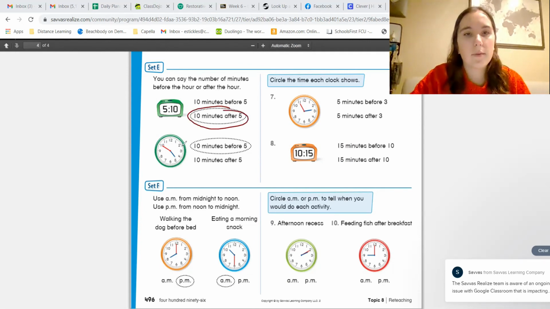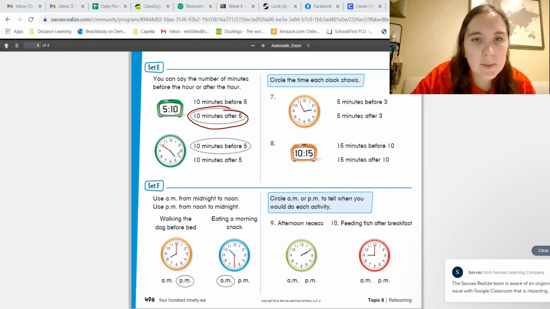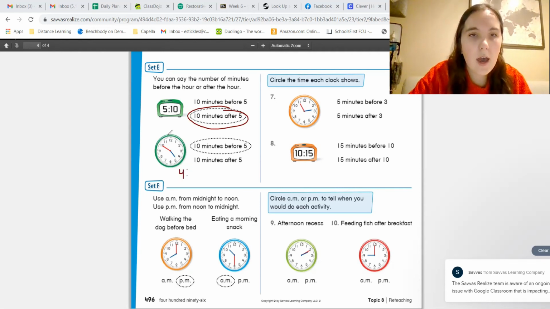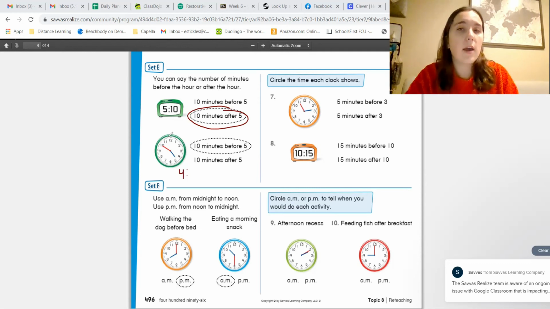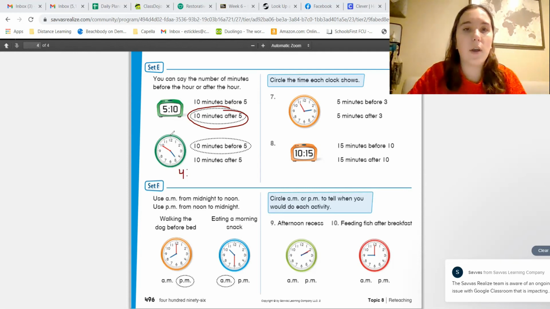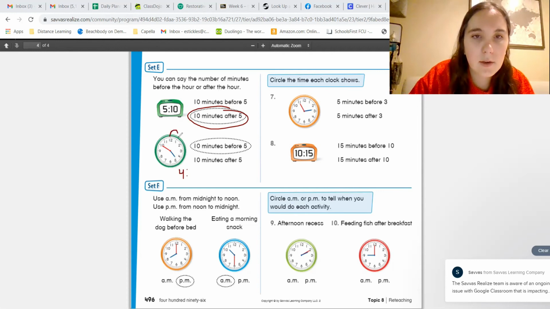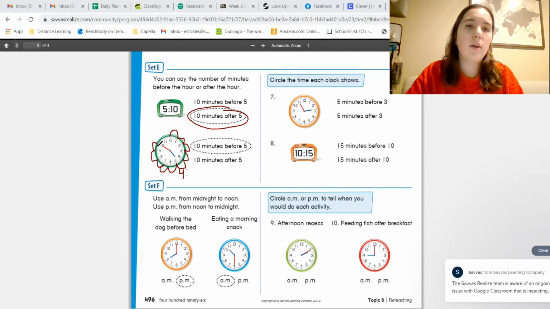Let's look at this next clock. Our hour hand is between the 4 and the 5, so that means we're in the 4 o'clock hour. And then if we go around our clock and read by fives, we'll figure out how many minutes it is. So 5, 10, 15, 20, 25, 30, 35, 40, 45, 50. So it is 4:50 on this clock.